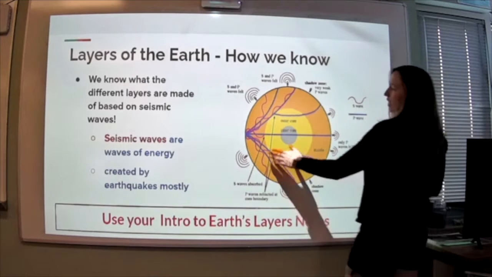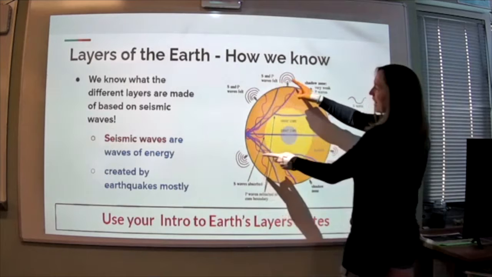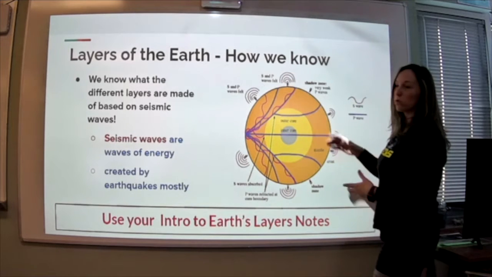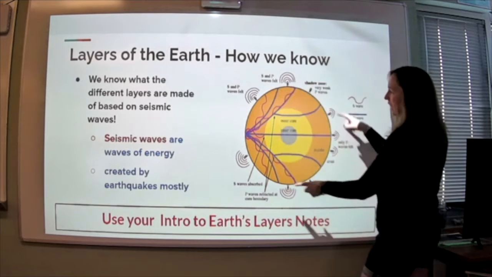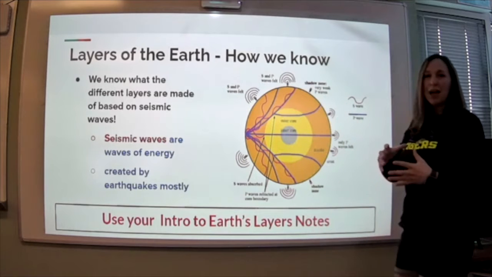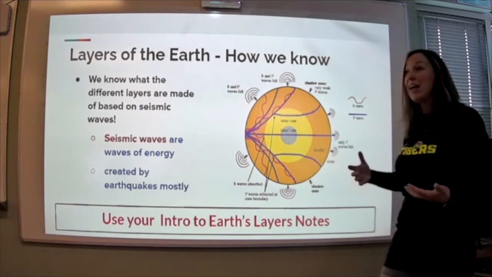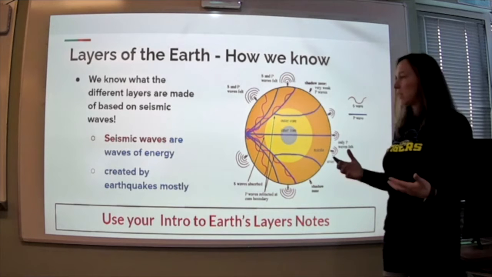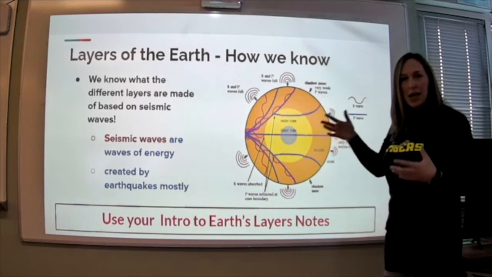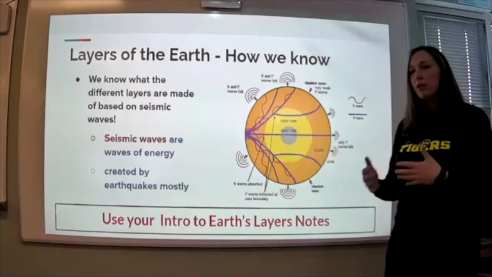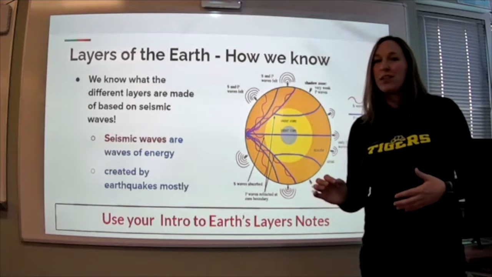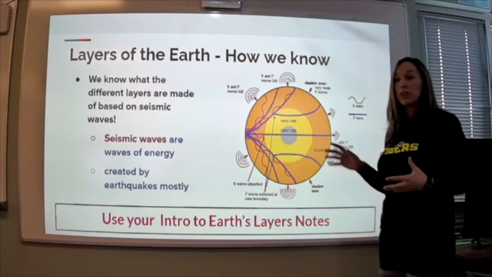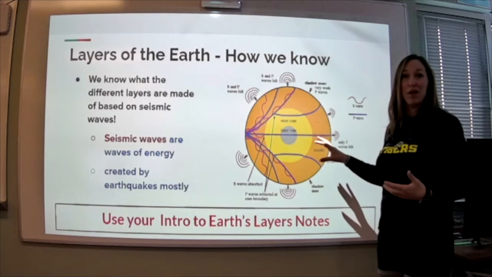And if there's an earthquake here, we have different seismometers or seismographs that are measuring those waves all around our planet. And by measuring the time between those waves and what kind of waves make it all the way across, we can get an idea of the different materials that are inside of our planet. Every material allows energy to be transferred at a different rate. So by measuring those rates, we can figure out roughly what the interior of our planet is made of.